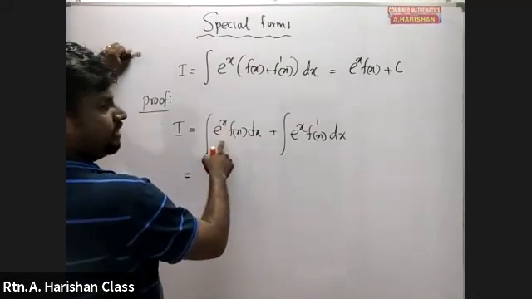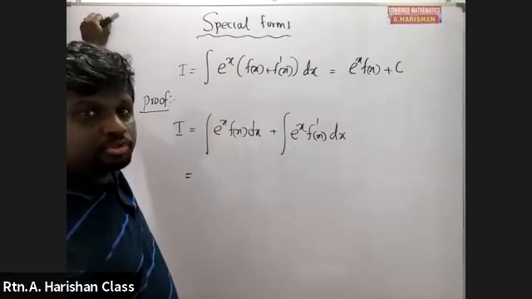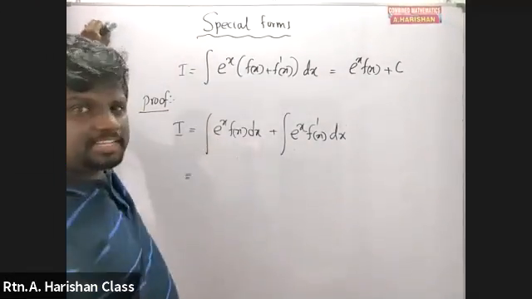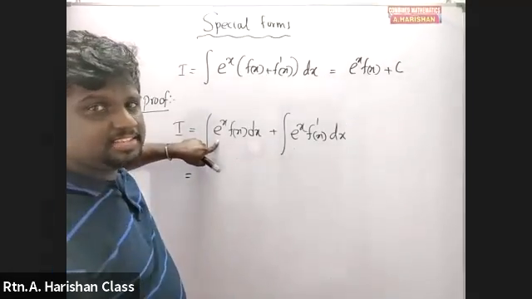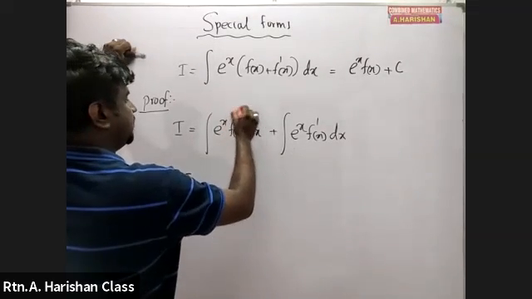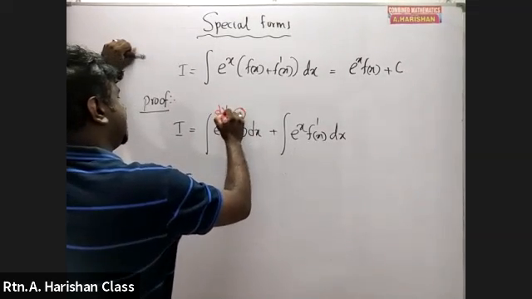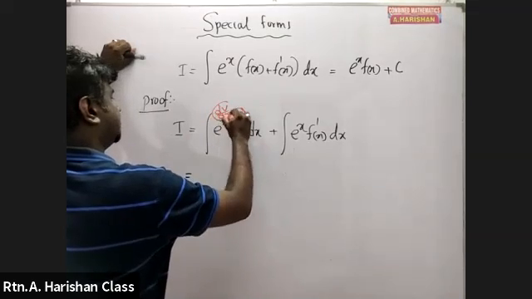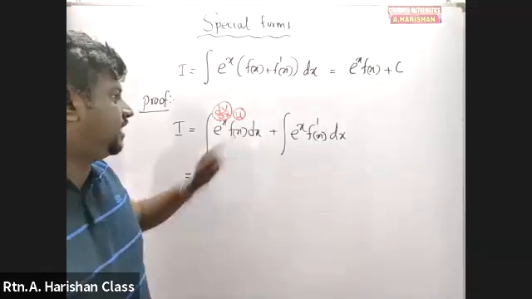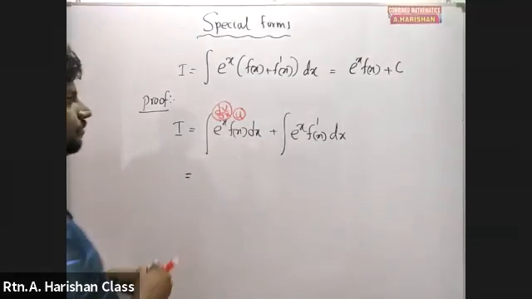So using by parts, e to the power x is easy to integrate. So I keep this as u, this as dv by dx. So e to the power x as dv by dx, f of x as u.